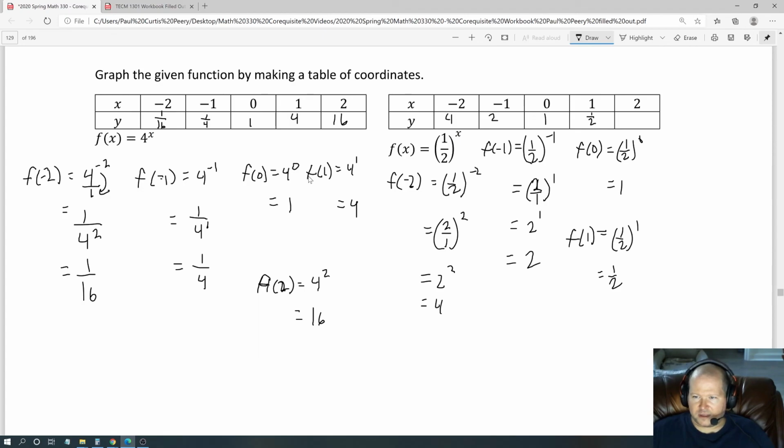And then finally we have f of 2, which is 1/2 to the second power, which is 1 to the second power over 2 to the second power, which is just 1/4. And there you go.